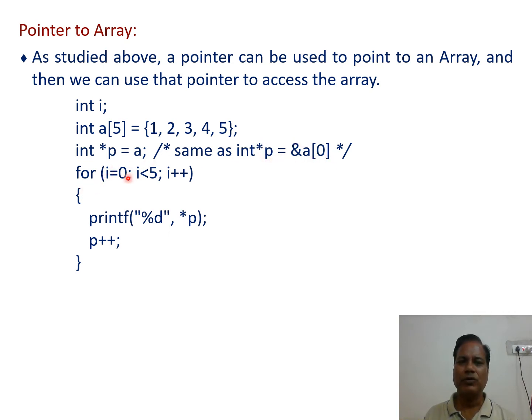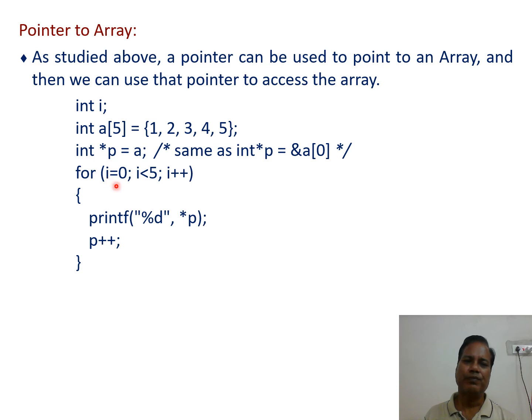For i = 0, i < 5, i++, using a looping statement, we can print all the elements of the array A using the pointer variable. So printf %d, *p, what is the data pointed to by this pointer variable gets printed, and then the value of the pointer variable is incremented.